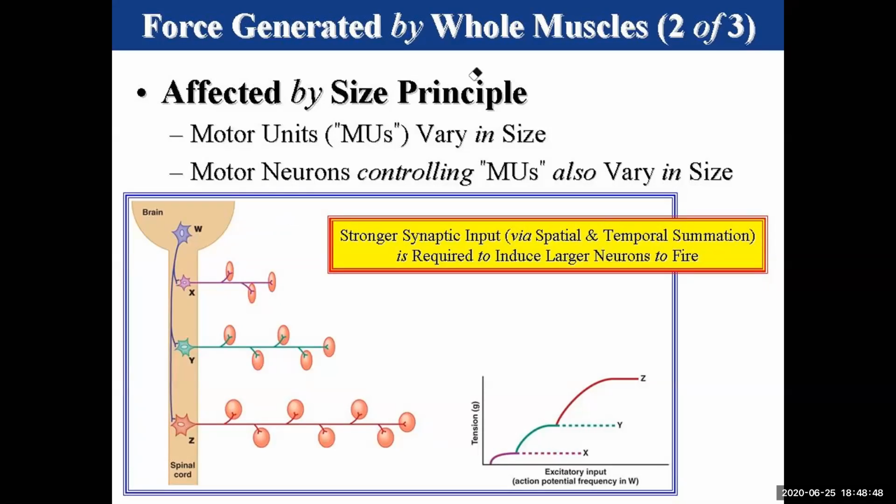Now the cell body of that upper motor neuron, this cell body here, is physically residing in the primary motor cortex. P, primary, M, motor, C, cortex: primary motor cortex, or precentral gyrus.